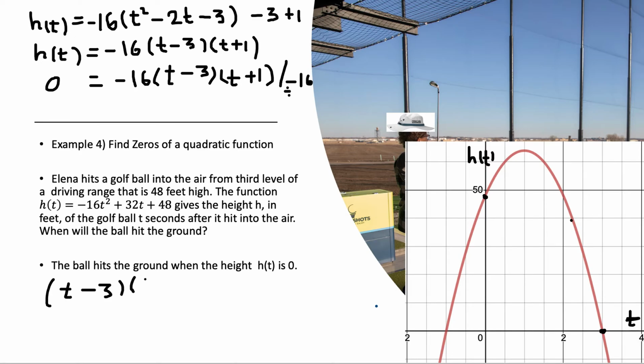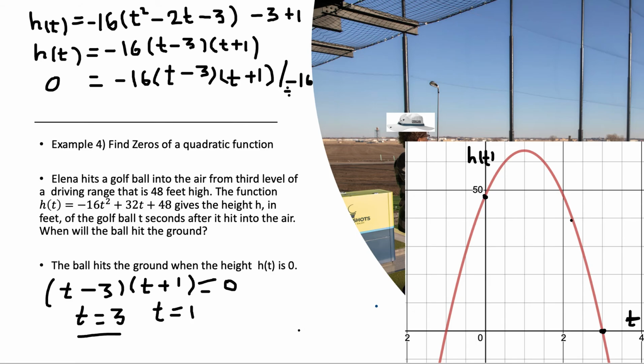So we already now have it in factor form, so we don't have a lot of time to spend here to find the time, how many seconds it takes for the ball to hit the ground. If we take these two factors and solve, we find that the solution t is going to be 3, and the other solution t is going to be minus 1. But because a time of minus 1 second does not exist in the real world, the only solution is t equal to 3, and the other one is the extraneous solution.